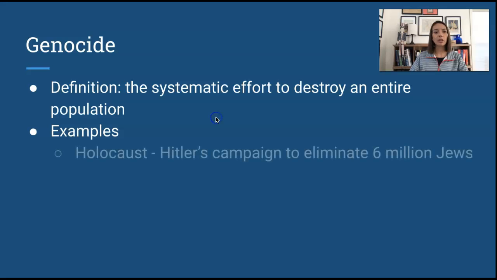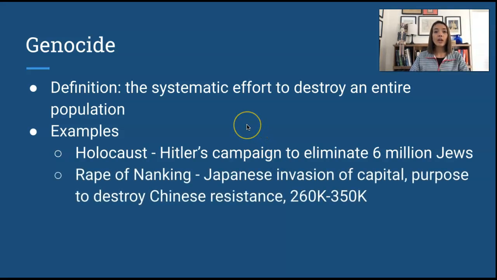So examples that we are going to discuss are the Holocaust, which you might have come across in a different history class. And to sum up the Holocaust, it was Hitler's campaign which eliminated 6 million people from Europe. Another historical event that is considered genocide is the rape of Nanking.